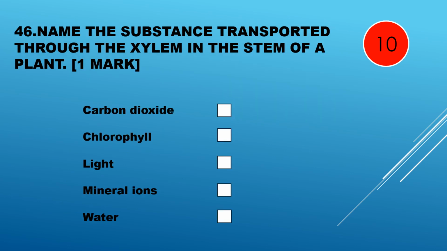Question 46. Name the substance transported through the xylem in the stem of a plant. Is it carbon dioxide, chlorophyll, light, mineral ions, or water? Substances that travel through xylem are mineral ions and water.